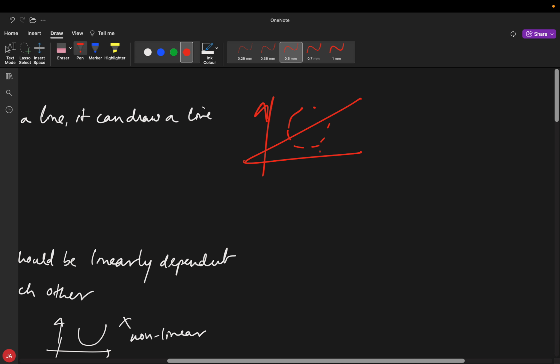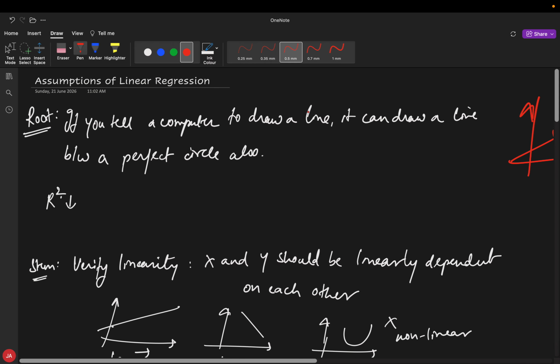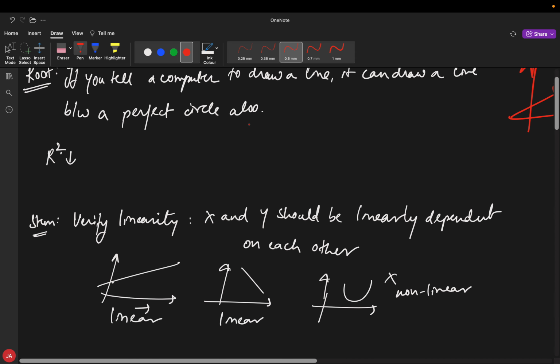Even if you draw a line, the residuals would be very high, and this line would not be of much value. Even if you tell a computer to draw a line, it can draw a line, but even between a perfect circle it will result in a low r square value.